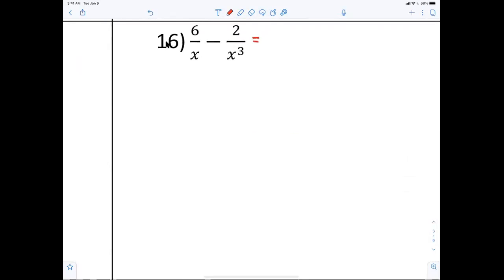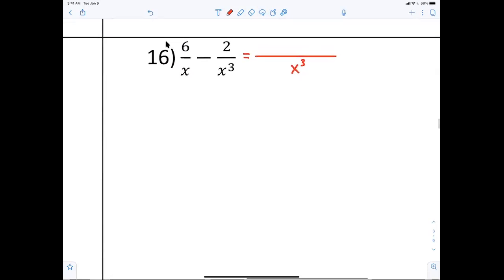Here we go, equals. Now, I told you if it's just a variable, you always take the largest exponent. So the common denominator is x to the third. So now I'm looking at the first fraction, knowing I have to multiply by x squared, right? And the reason why you're doing that is because you want a total of x cubed. So you add the exponents.